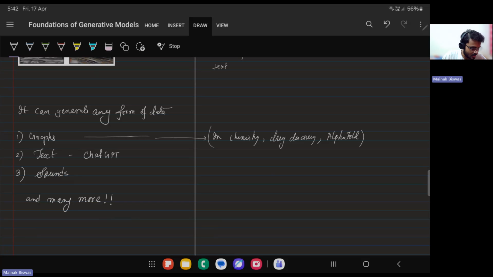There are so many such algorithms. This is a text model, ChatGPT, which would tell you the next word or phrase and would generate entire sentences based on your prompt.